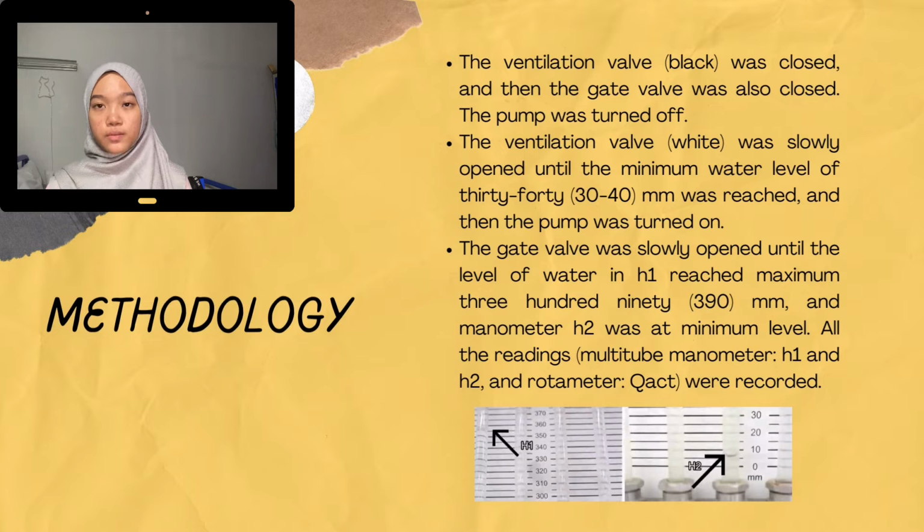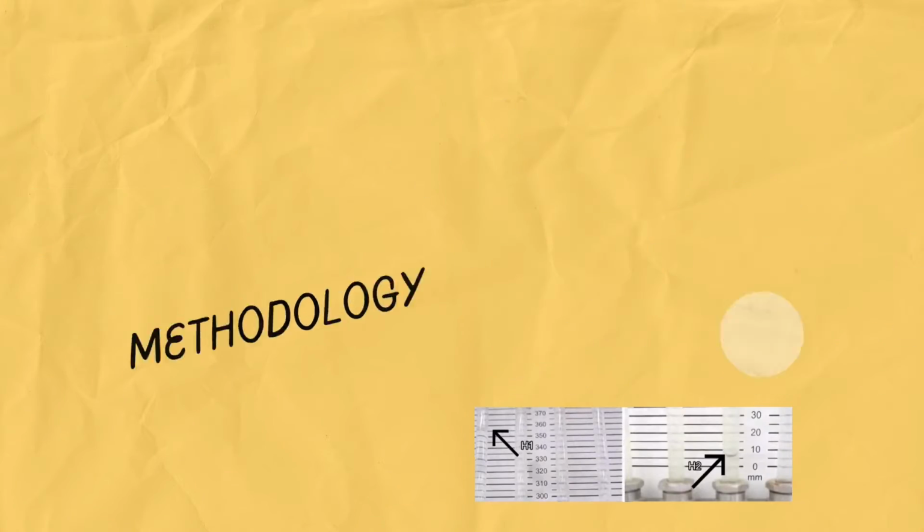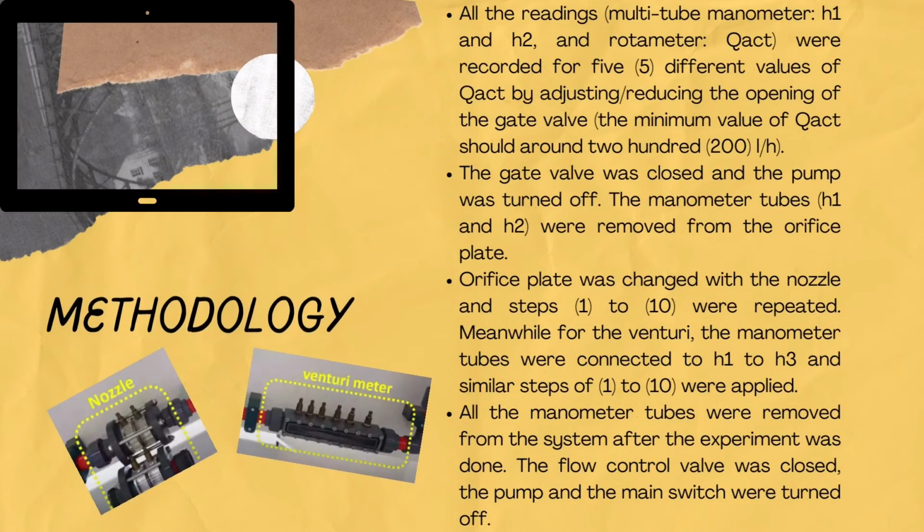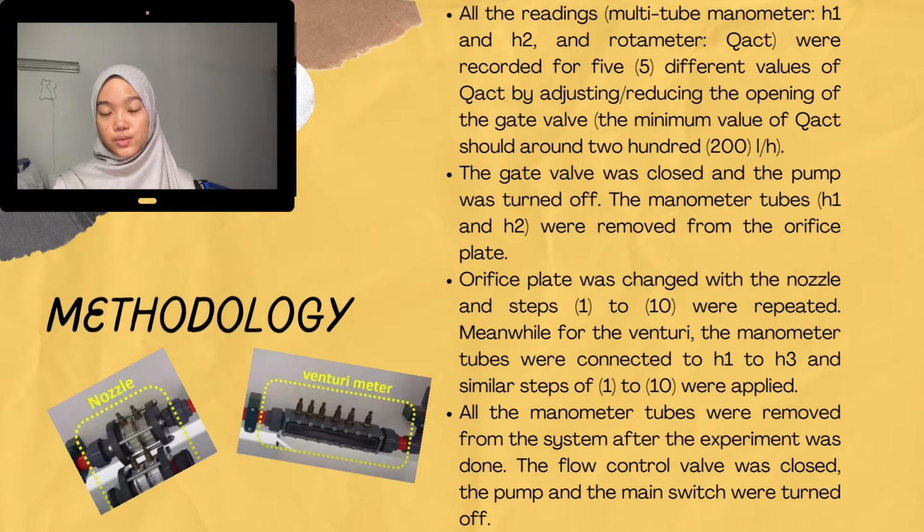Number 7, we slowly open the gate valve until the level of water in H1 reaches a maximum of 390 millimeters, and manometer H2 is at the minimum level. And we record all the readings, including H1, H2, and rotameter.